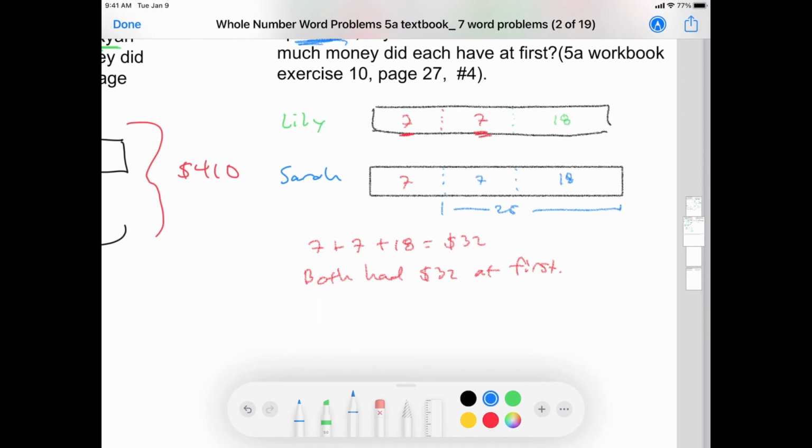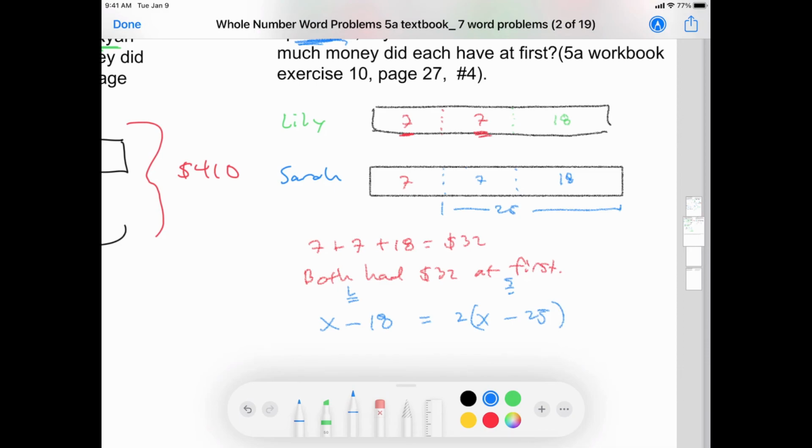Now, if you want to do this in a different way, looking at this problem algebraically, you could have done something like this. They both have the same amount in the beginning. Lily spends, put an L over here for Lily, Lily spends $18, and Sarah over here spends $25. Now it says Lily has twice as much, which means whatever Sarah has, she has to multiply by 2 to equal Lily's.